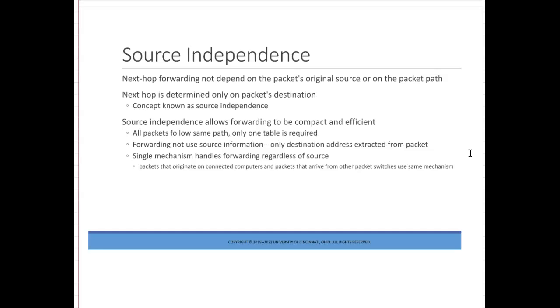When all packets follow the same path, only one table is required, plus forwarding then does not use source information. Only the destination address needs to be extracted from a packet. A single mechanism handles forwarding packets consistently whether the packet originates on a directly connected computer or if the packet arrived from other packet switches. Packet source does not matter. An example would be that the route a plane travels does not depend upon where passengers began their journey.